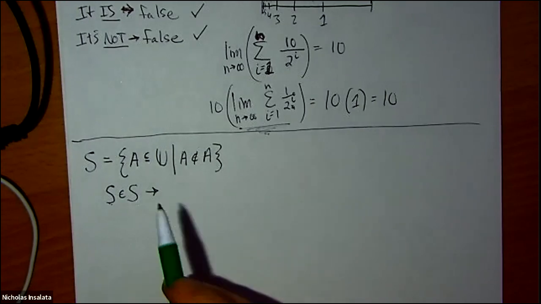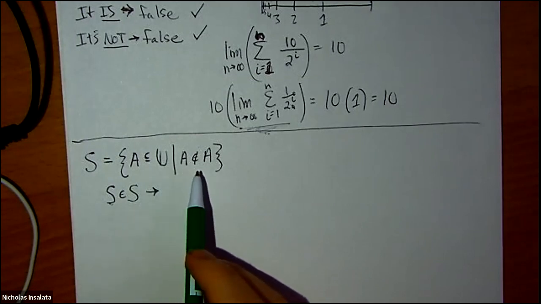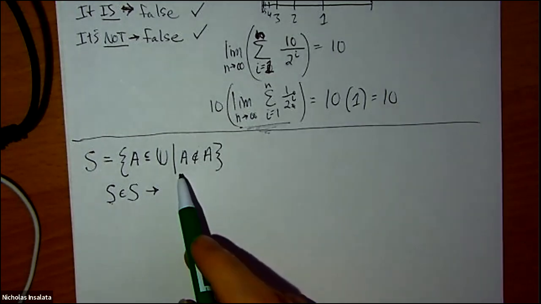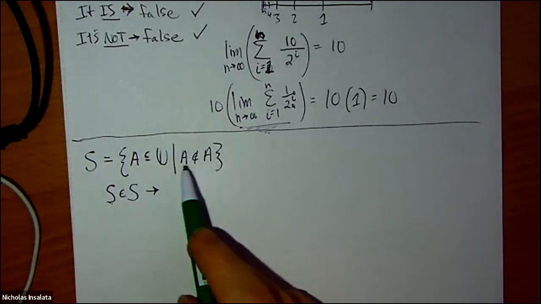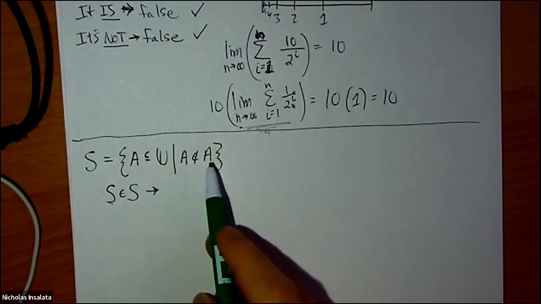Okay, you're a set in the set of sets of the universe. So you're something in the universe, but you're not S itself. Not quite. That's not quite it. Okay, so if a set is an element of S, then it does not have itself as an element. It doesn't contain itself. It doesn't live inside of itself, right?